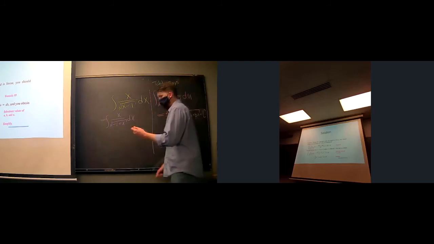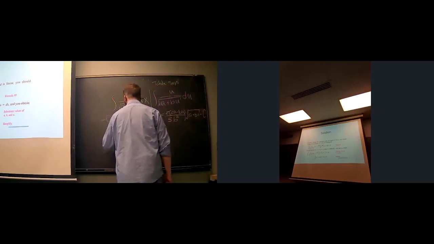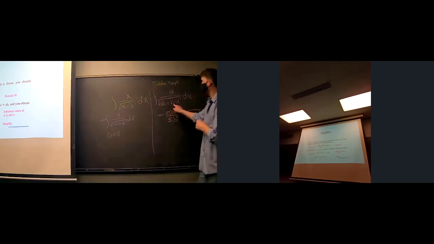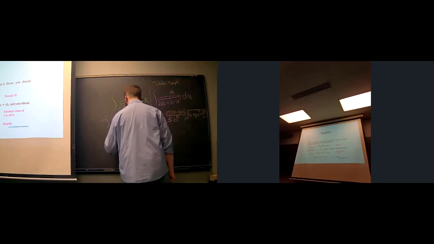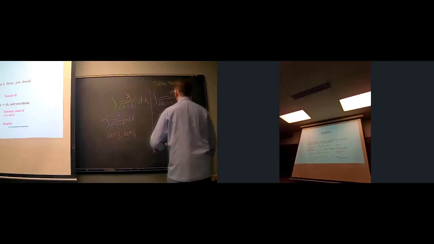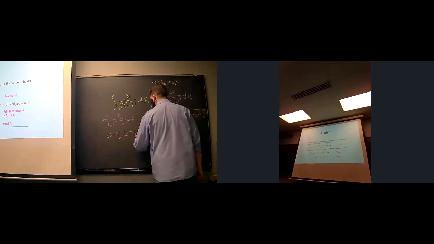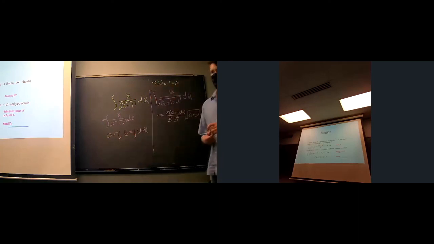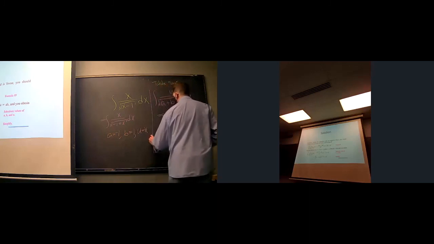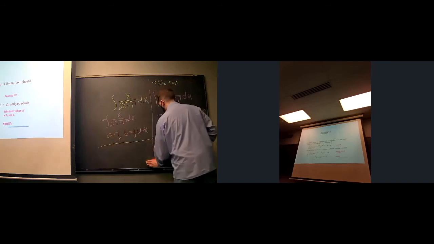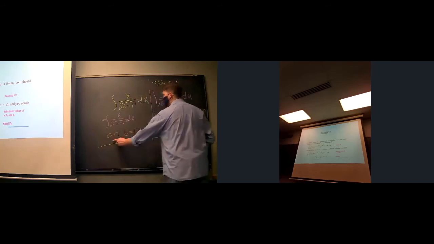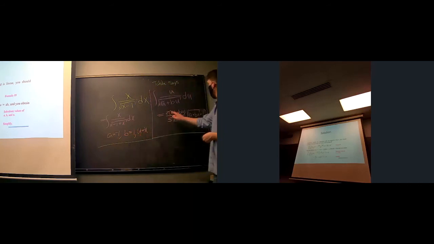So a is equal to negative 1, b is equal to 1, and u is just x. So thanks to this table, we can find our answer by plugging the value of each of these things into here.